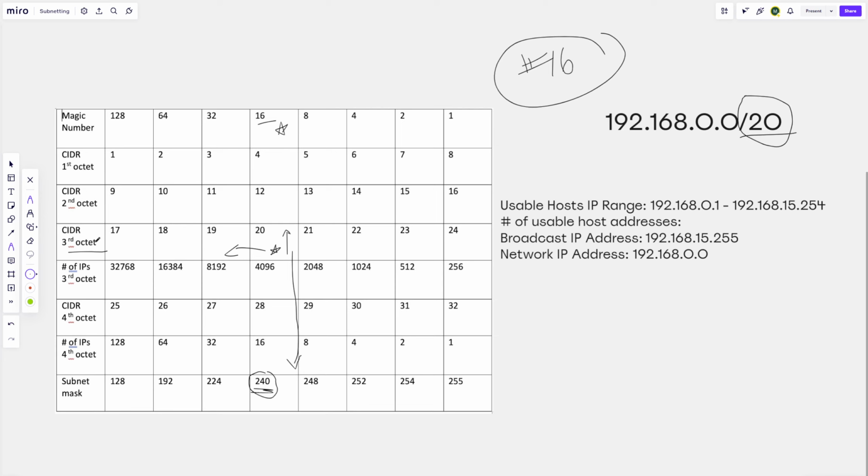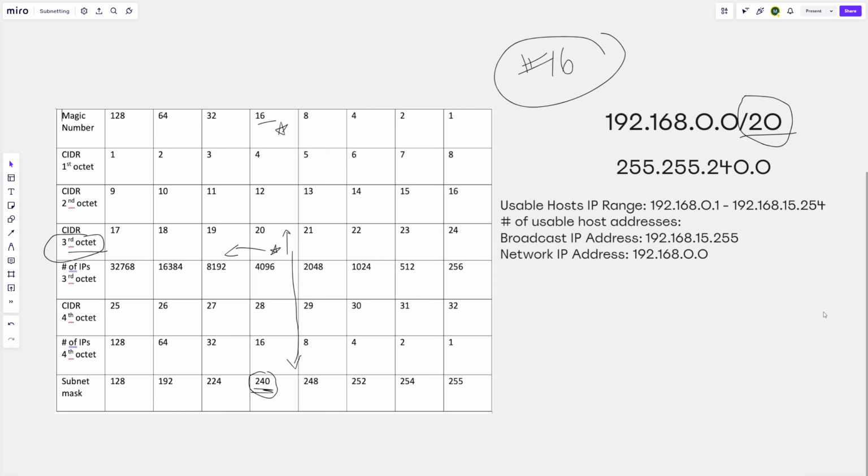Remember, we're working in the third octet, so our subnet mask would simply be 255.255.240.0. That would be our subnet mask for this network, 192.168.0.0/20. That's your subnet mask right there.